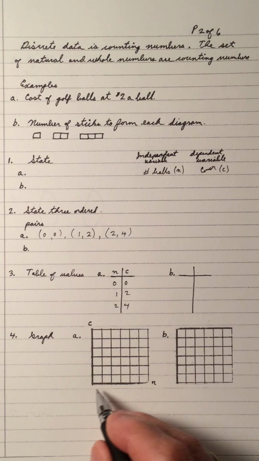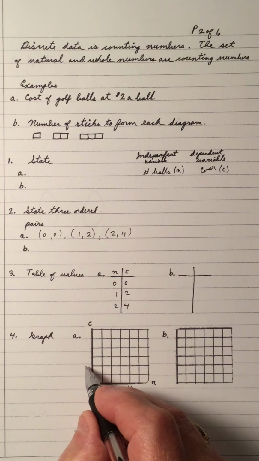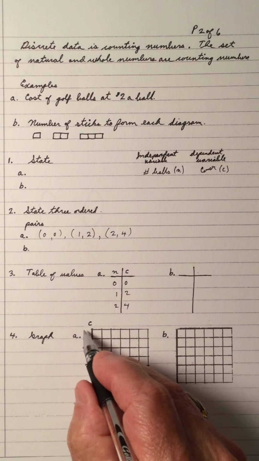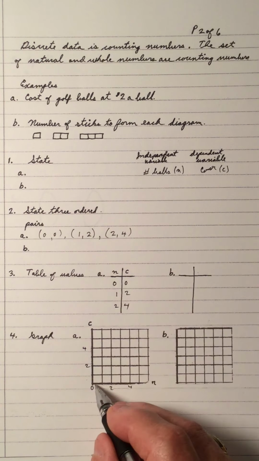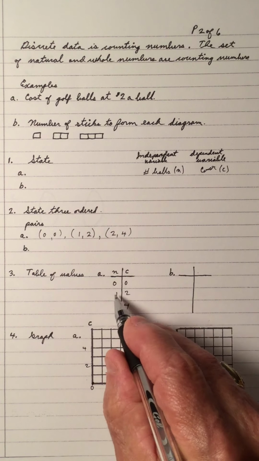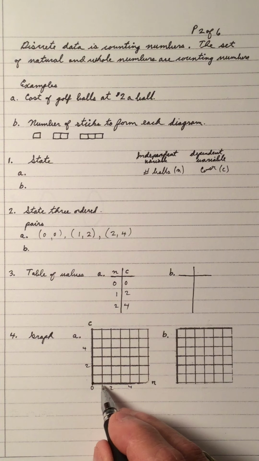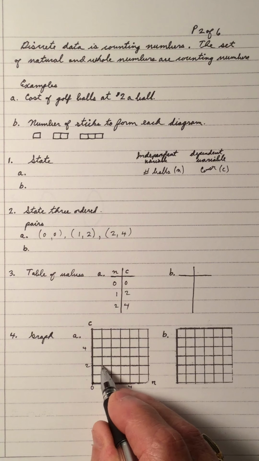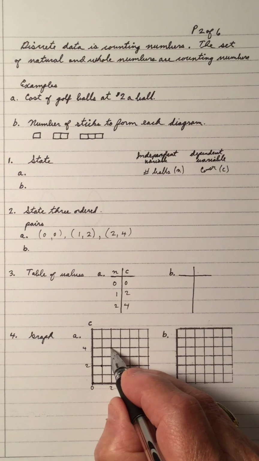And when you do your graph, that's 0, 2, and 4 for the cost, and 2 and 4 for the numbers, and 6. So when you draw your graph, 0, 0 is right there. 1, 2. 1 ball costs $2, and 2 balls cost $4.